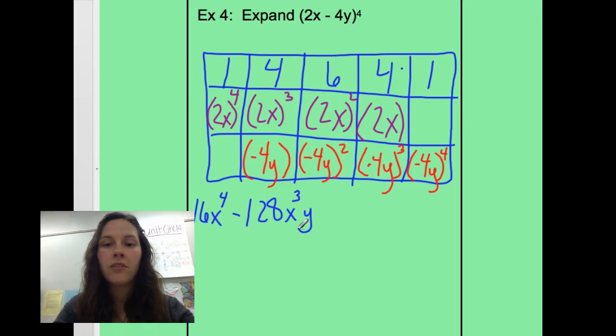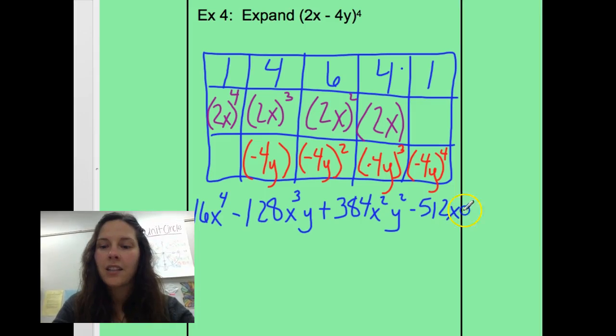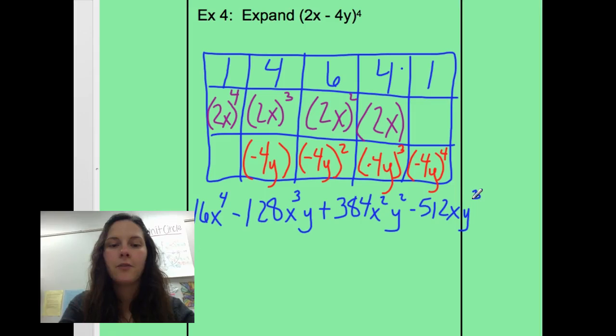In that third column, we've got 6 times 2 squared times -4 squared, which becomes a positive 384 x squared y squared. In the next column, we've got 4 times 2 times -4 cubed, which is a -512 x y cubed. And then in our final column, we've got -4 to the 4th, which is positive 256 y to the 4th.